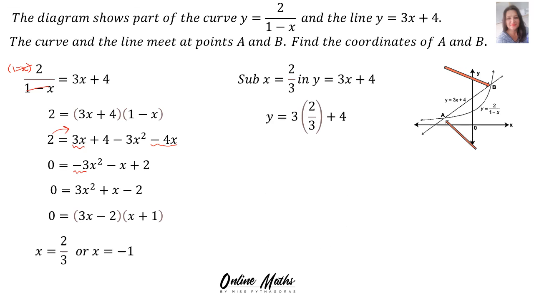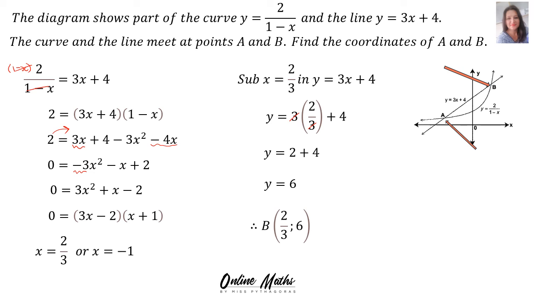So therefore, y is equal to 3 bracket 2 over 3 plus 4. 3 and 3 will cancel. I'm left with y is 2 plus 4, y is 6. Therefore, as a coordinate, that is B's coordinate, is 2 over 3 and 6.